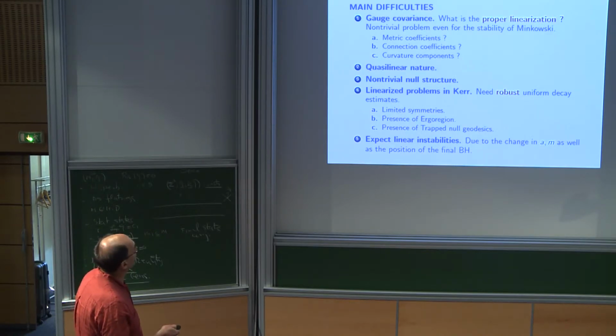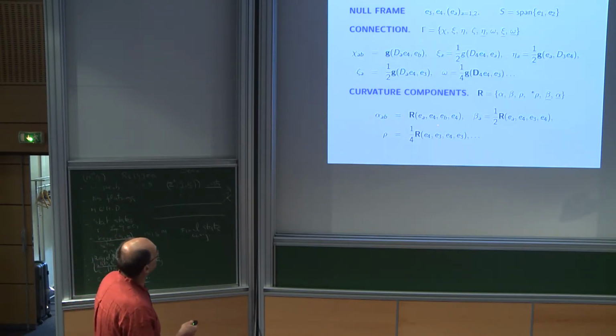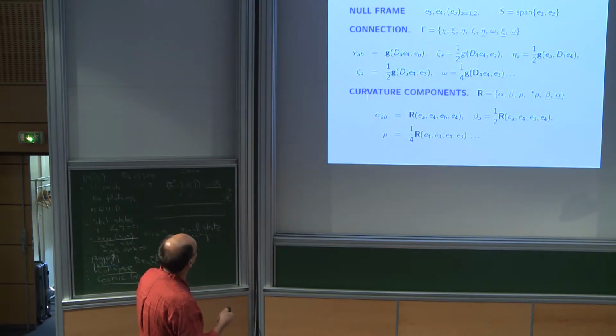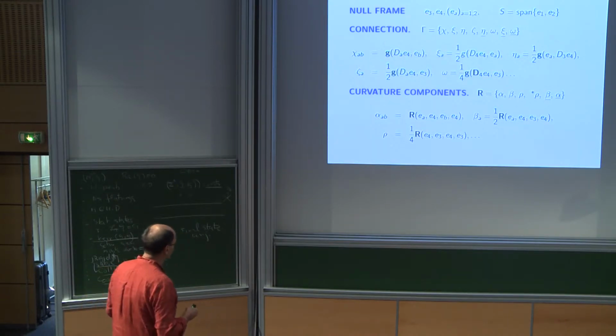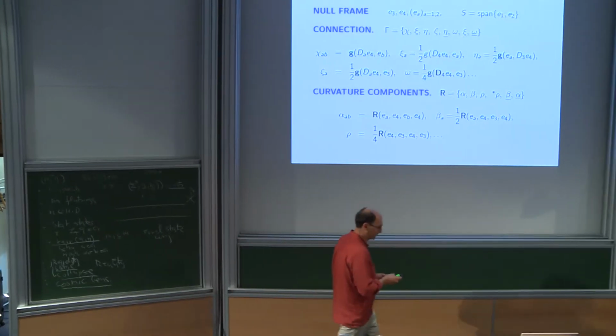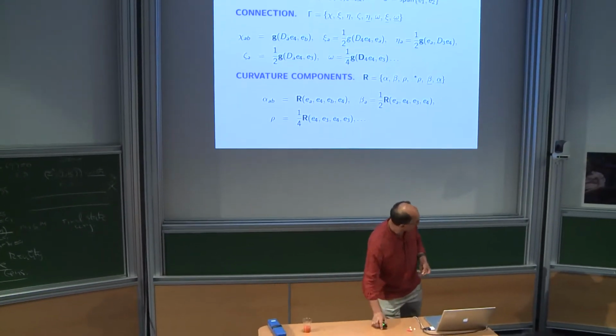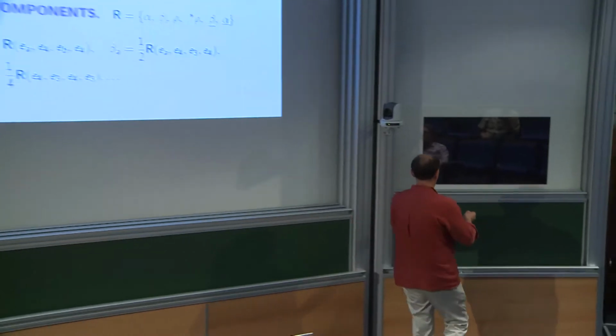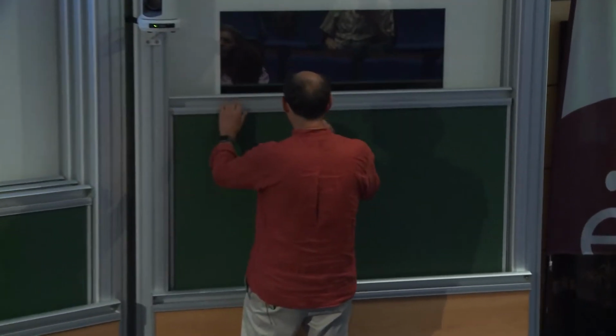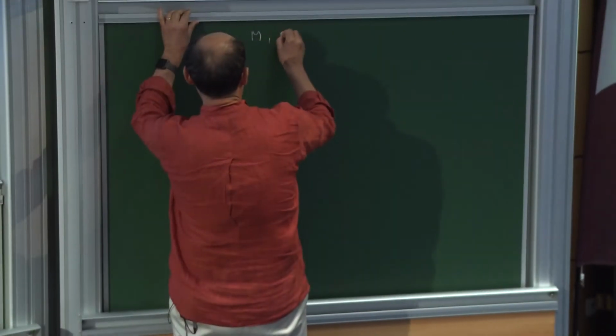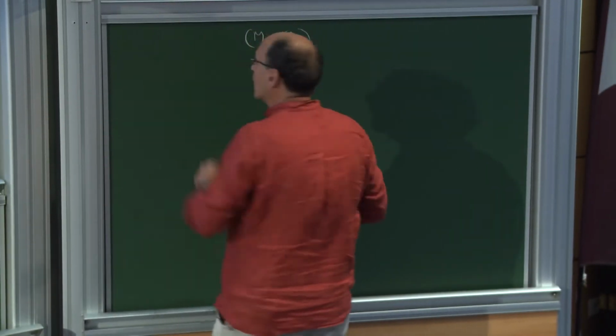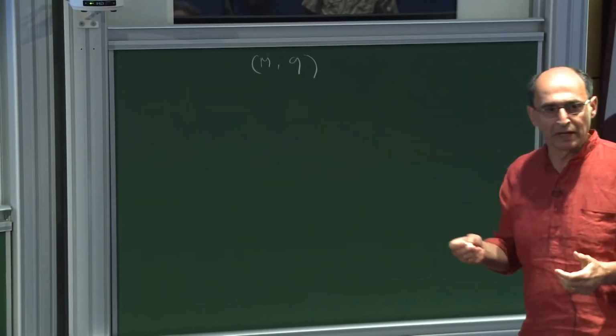All right, so now here is a little bit, bear with me, a little bit of technical stuff, but it's not very difficult. So you see, typically when you have a space-time, the best way to analyze it is not using coordinates, but using frames, right?